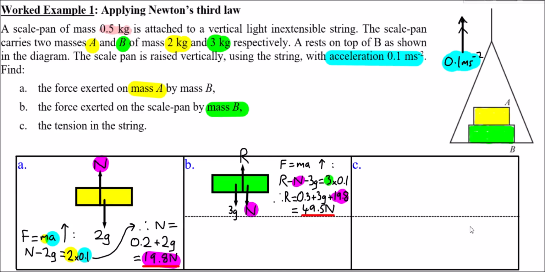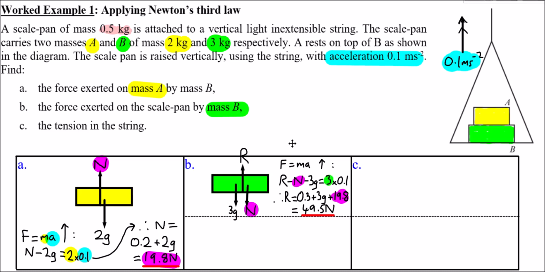It's now worth considering that this 49.5 Newton force, this is the force exerted on mass B by the scale pan. It's not, it would seem, the force exerted on the scale pan by B. However, it actually is via Newton's third law.